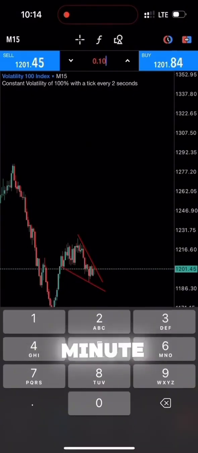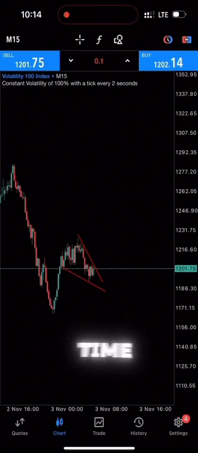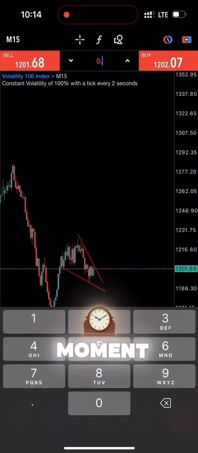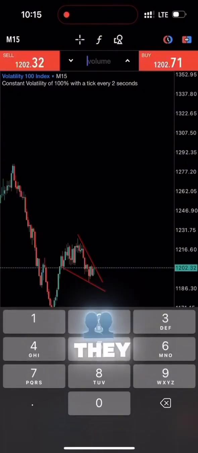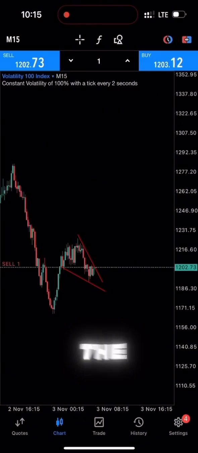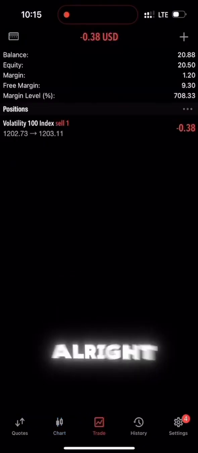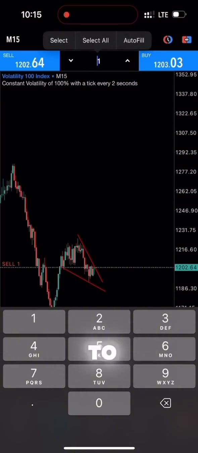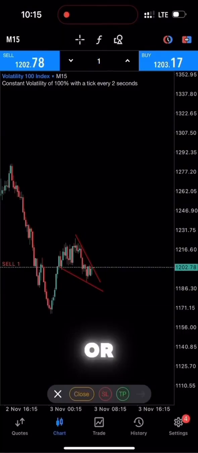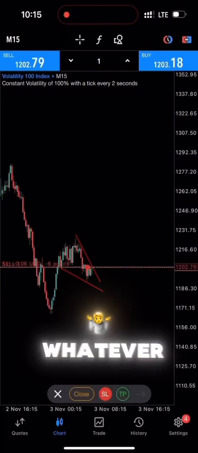So for now, you just need to sell it to the profit. Whatever the time frame you'll be having at that moment, you just use that and then you sell, because these kinds of trend lines, these patterns, don't go up the moment you buy. They go down to reach the liquidity zone or the liquidity grabs, whatever you call it.